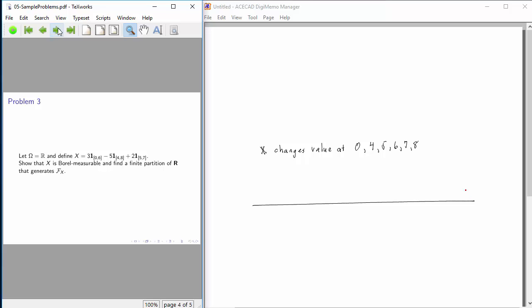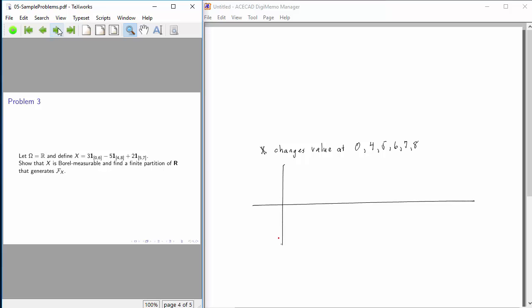Okay, there's my horizontal axis. There's my vertical axis. Why isn't my vertical axis showing up? There it is. Okay.